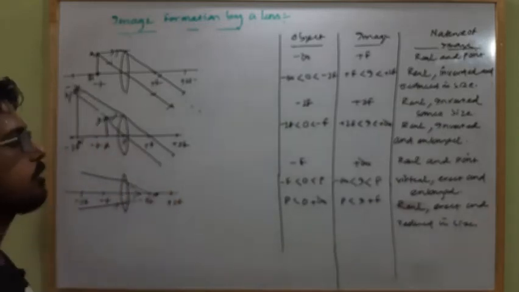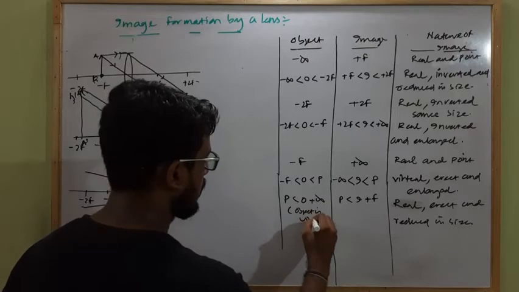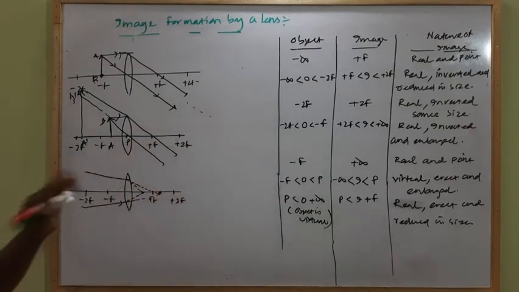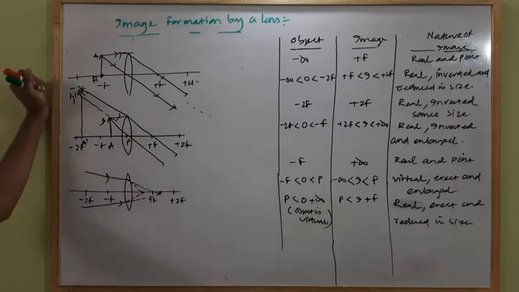The object is virtual. Clear? So these are the conditions for image formation depending upon the different positions of the object.